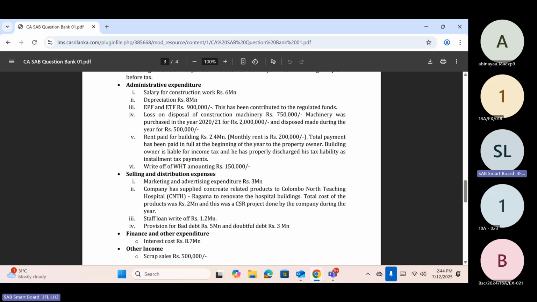Not a trade debtor. Therefore, not incurred in the production of income. But if it is a finance company, it could be right, as loans are their business. But in the case of this business, it is not entitled to grant staff loans. They are unable to claim. It's not a deductible expenditure.